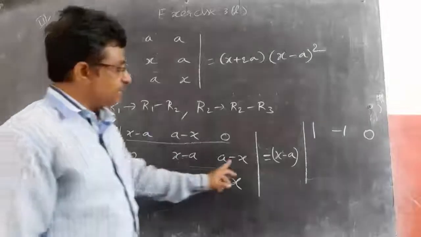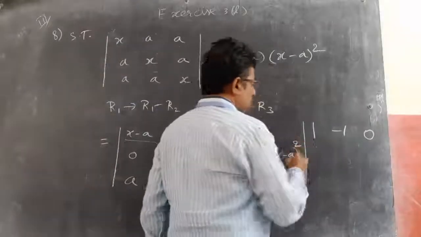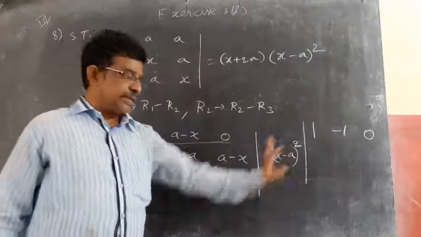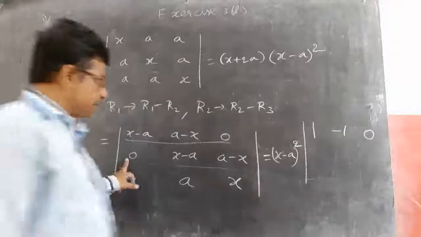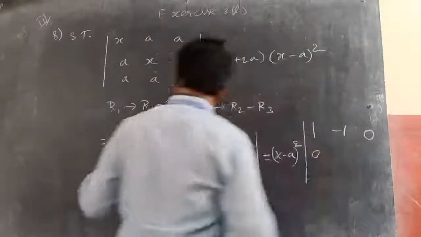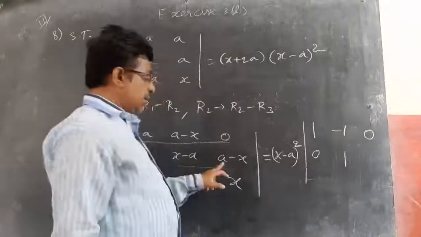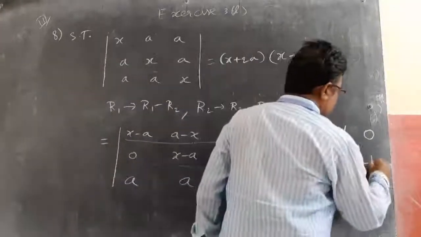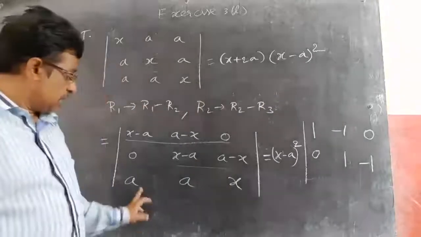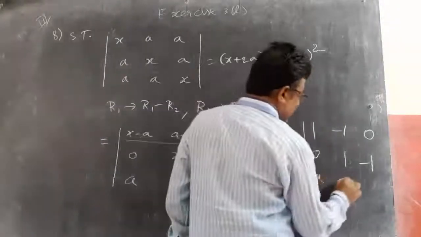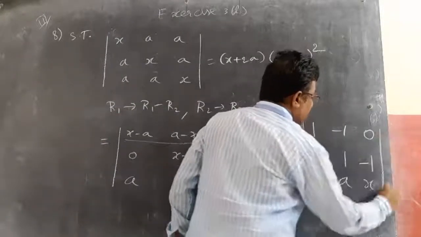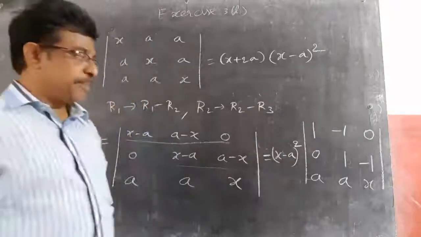Now I will take x minus a common from the second row also. So x minus a into x minus a whole square. Now this becomes 0. This is x minus a I took common, left out is 1. Here a minus x, left out is minus 1. And here a x as it is.